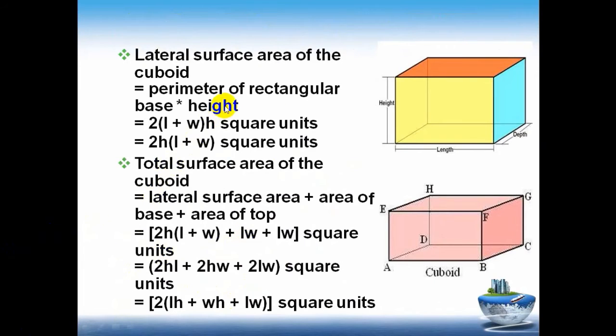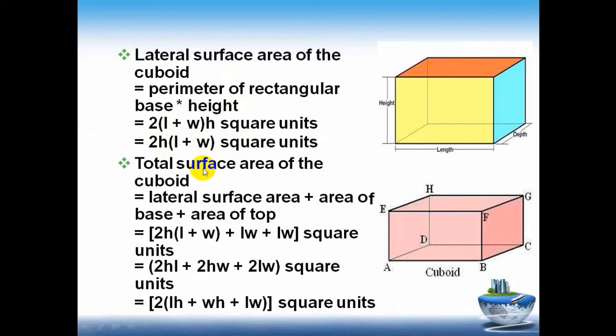The lateral surface area of the cuboid is equal to the perimeter of the rectangular base multiplied by the height, which is equal to 2(length + width) × height square units. We can also write 2h(l + w) square units.